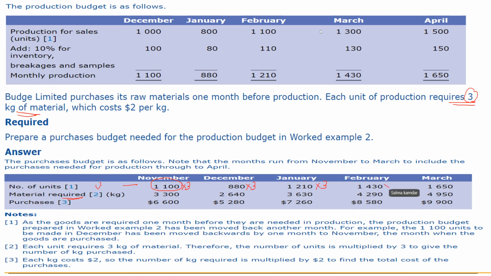Your price is 2. Whatever you get as Q, you multiply it with the price. You will get your purchases.